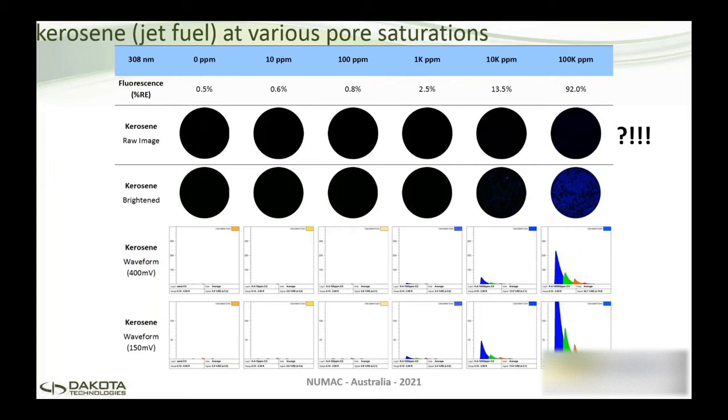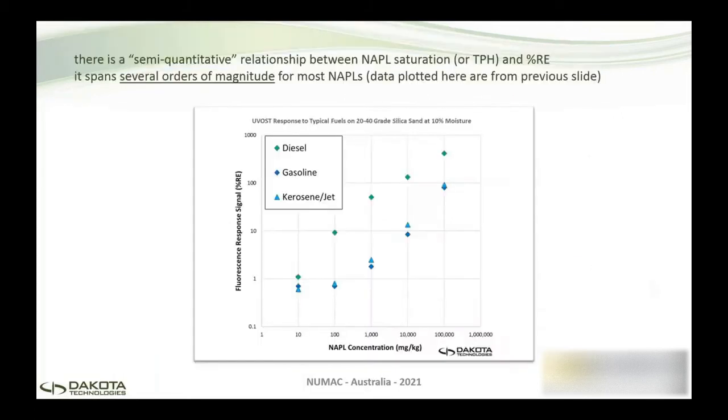It still detects it because that first channel is in the UV, and it was purposefully put there because we started designing the old rapid optical screening tool, and then the UVOST. They were designed to be used by the Air Force to do military cleanups, and they had obviously a lot of jet fuel.